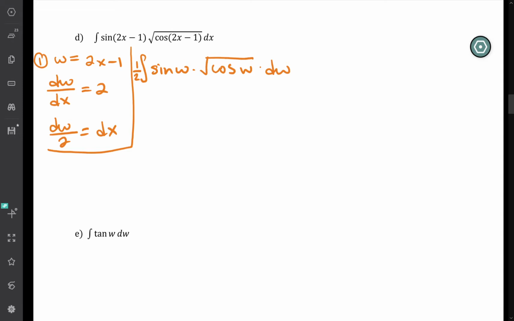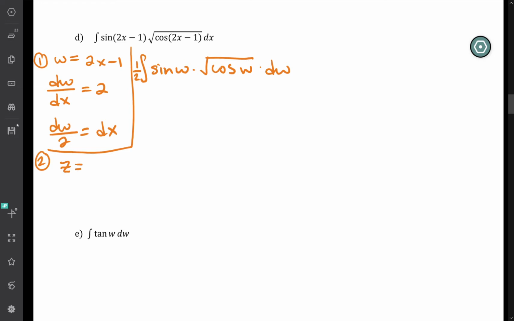We would then have to follow that with, okay, now I have the cosine under the square root, which means that potentially my inner function could be cosine w, my outer function could be the square root of that function. And I need to pick a new variable. I can't use w. So let's say I want to replace everything with z's.